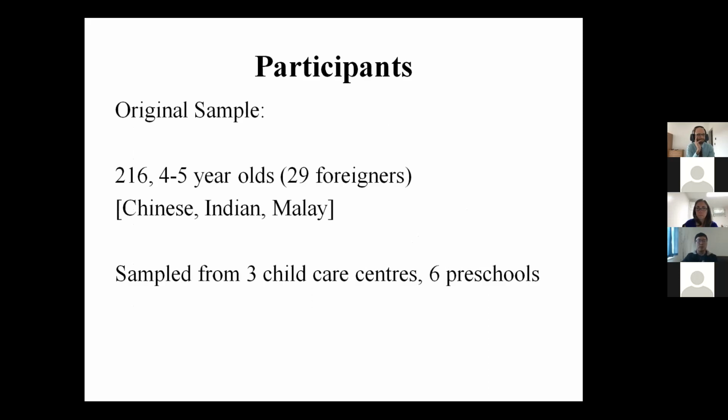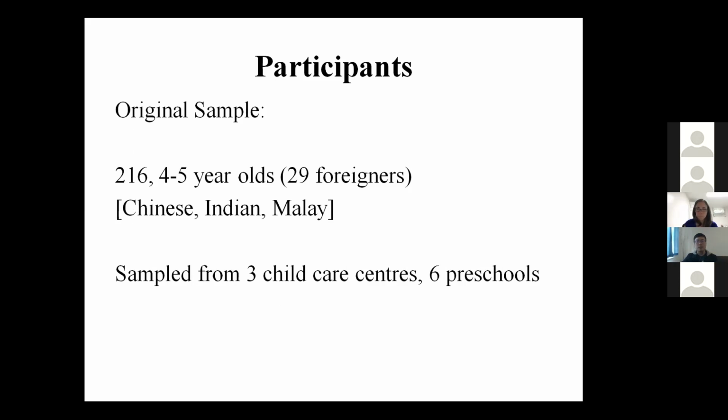For this study, we recruited in total 216 4 to 5 year old preschoolers in Singapore. I think this age group should be the youngest cohort for this numeracy screener. And also, these participants represent the whole races in Singapore. We got mostly Chinese, followed by Indian and then Malay.